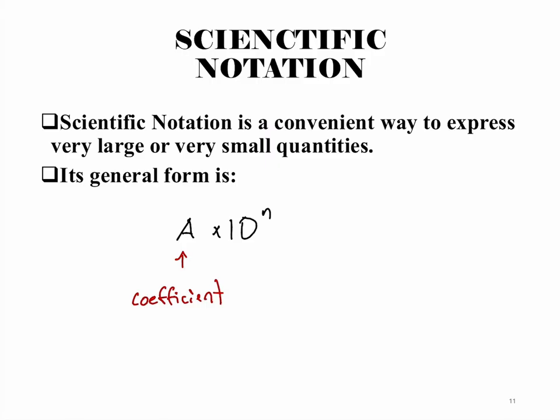It should be between 1 and 10, right? Because if it's anything larger than 10, we can change the exponent, or if it's anything less than 1, we can change the exponent, right? So a usually needs to be between 1 and 10. This is in the inequality that I wrote. It says that a has to be larger than 1 and a has to be less than 10.